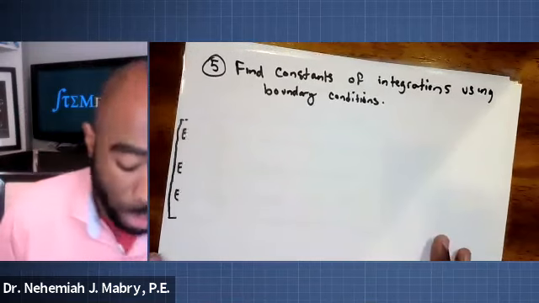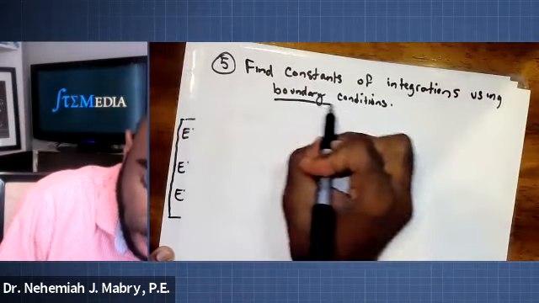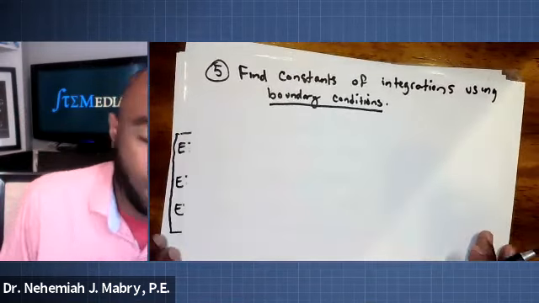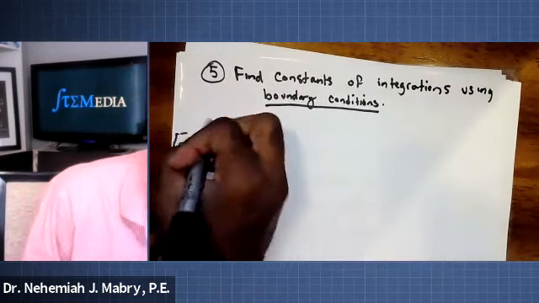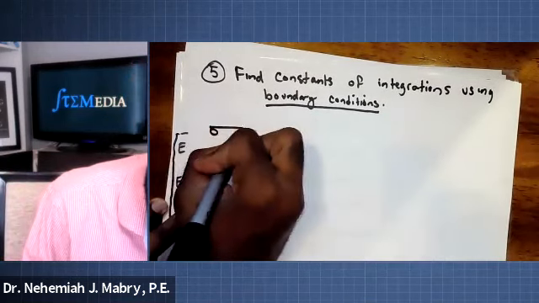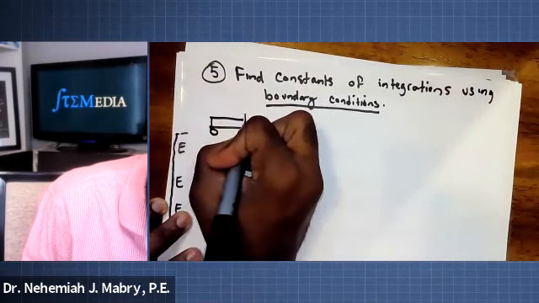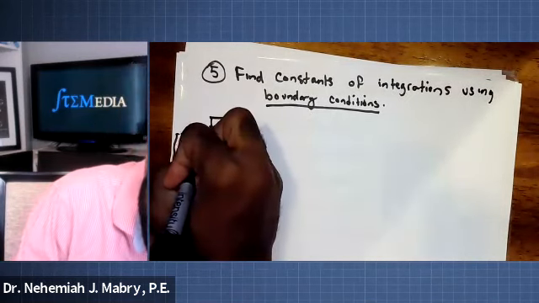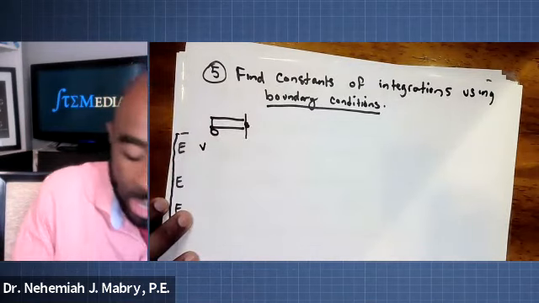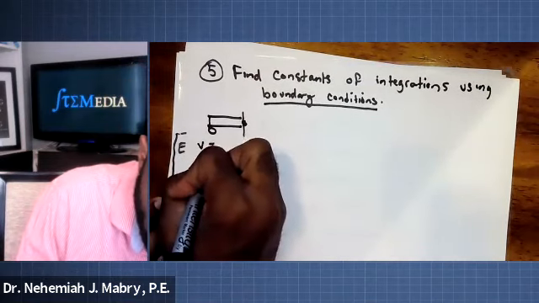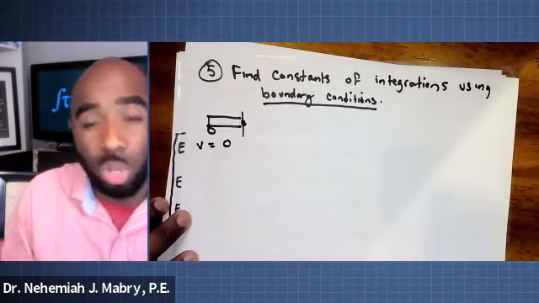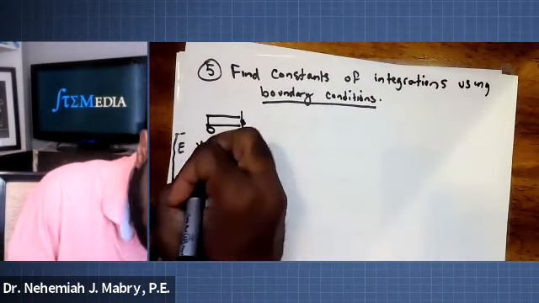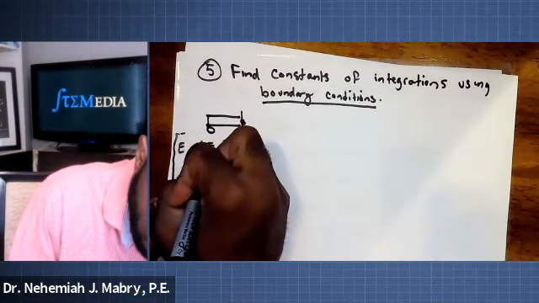So in other words, boundary conditions is what we're talking about now. If you have a roller at the end of a beam, let's cut that there. That means that v, which represents the deflected shape, is going to be equal to 0, meaning there's no deflection happening whenever x equals 0.